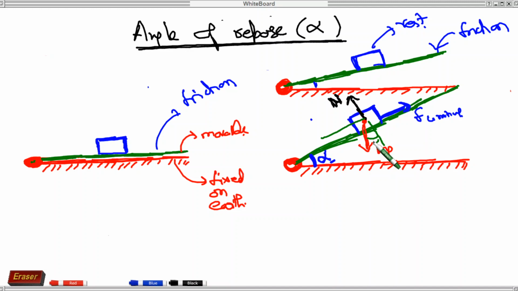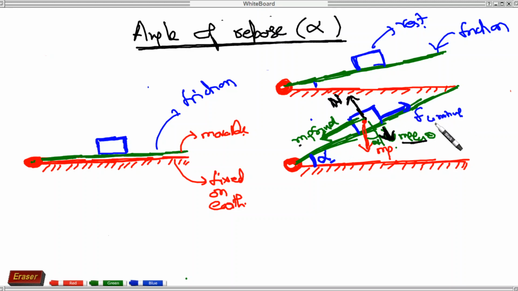This one will also be alpha. In this direction it will be mg cos alpha, and in this direction it will be mg sin alpha.